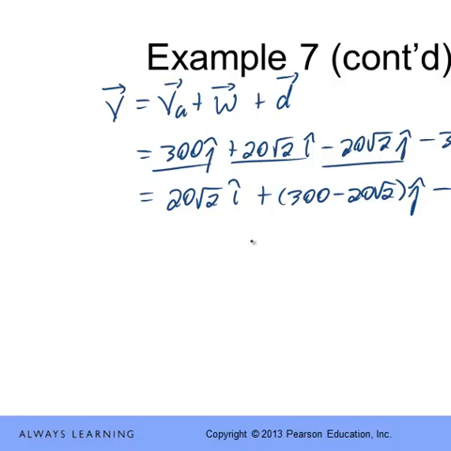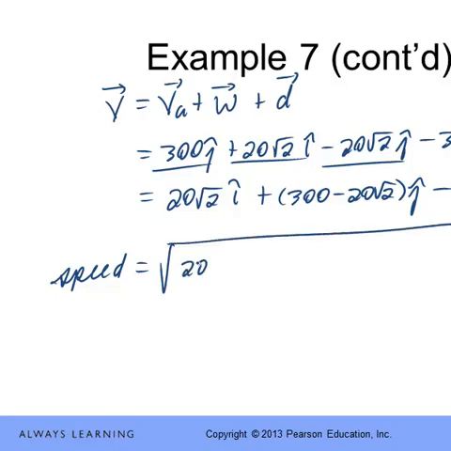So the relationship between the components of the vector will give you the direction, and if you want the speed, the speed will just be the magnitude of the velocity vector. So square root of 20 root 2 squared plus 300 minus 20 root 2 squared plus negative 30 squared. All right, and you can compute that just as well as I can.